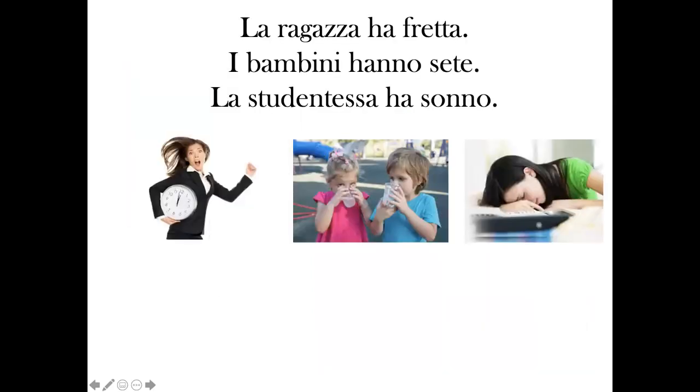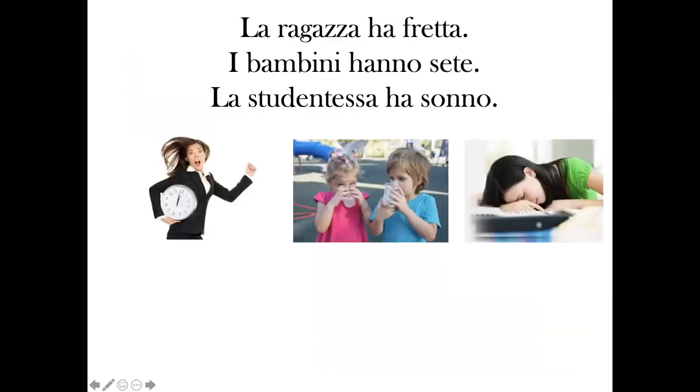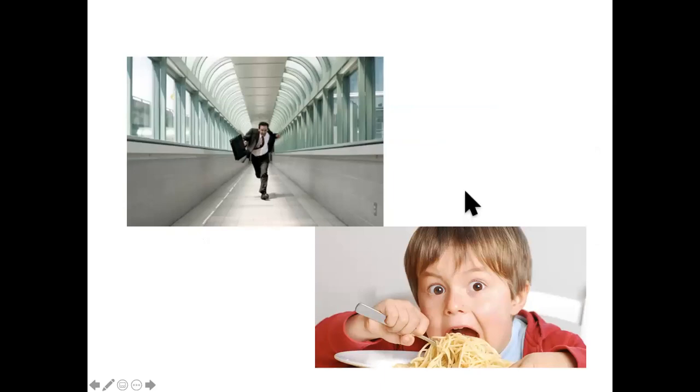Lui ha fretta, because he is singular, right? Lui because it's a he. Lui ha, and then fretta, which means a hurry. Poi il bambino ha fame. Lui mangia, quindi ha fame. Il bambino significa lui, singolare.